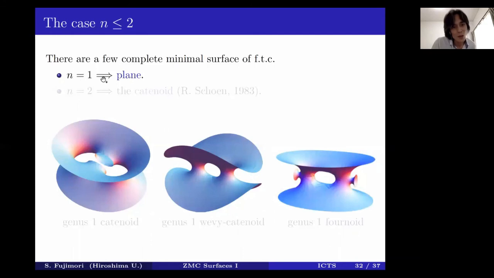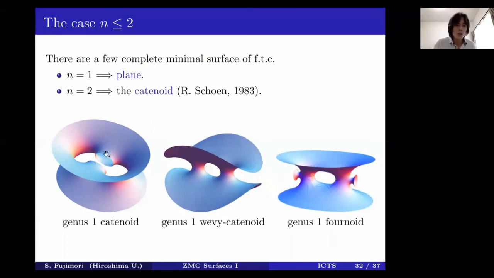If n equals 1, a minimal surface satisfying the equality of Osserman's inequality must be a plane. And in the n equals 2 case, the surface must be a catenoid. This was proved by Richard Schoen. So one cannot make a hole in a catenoid. So there does not exist a genus 1 catenoid.